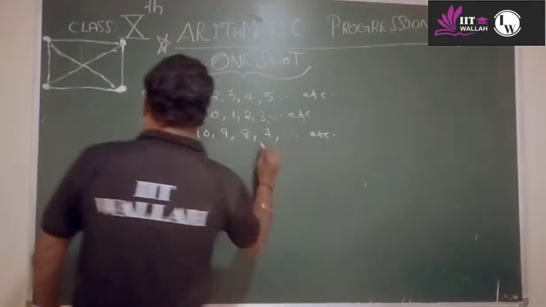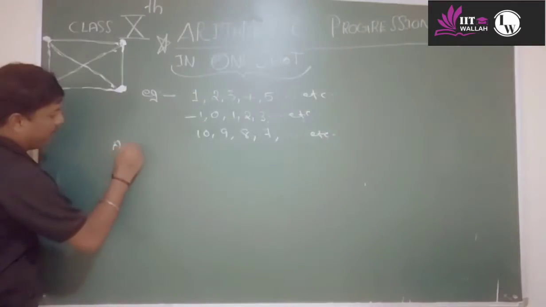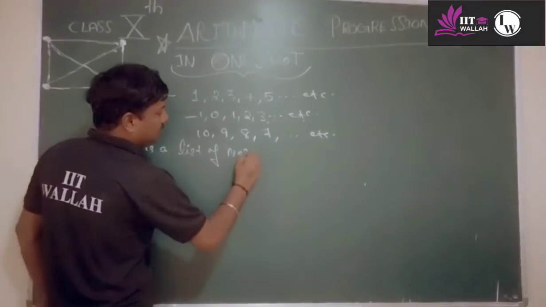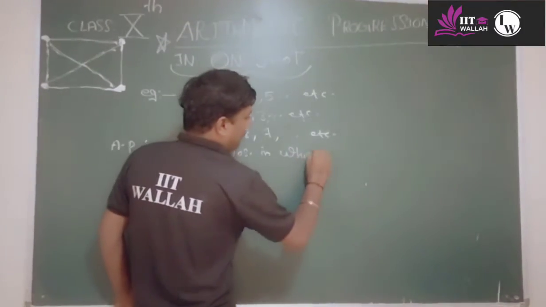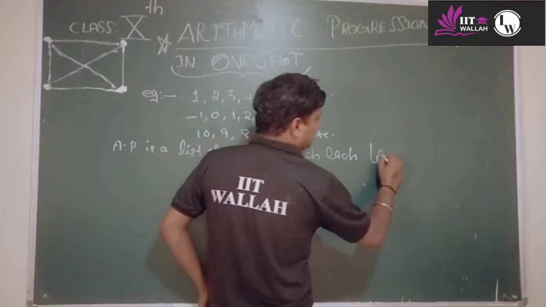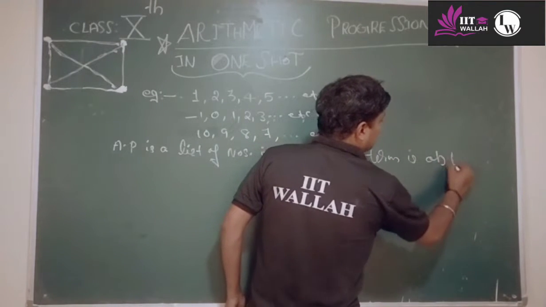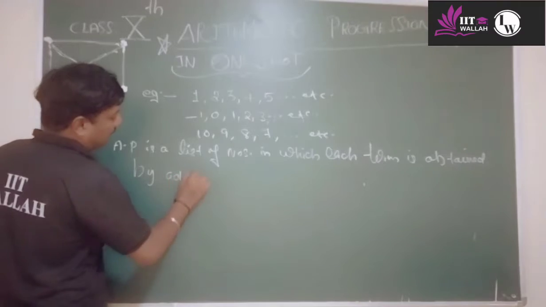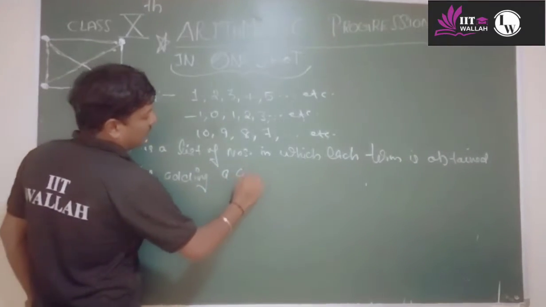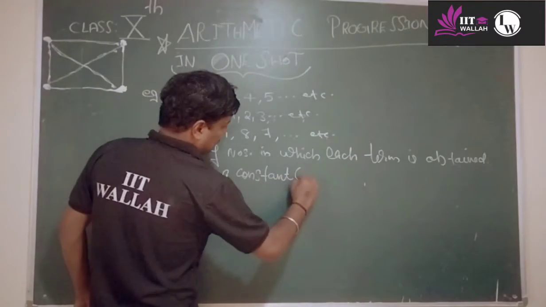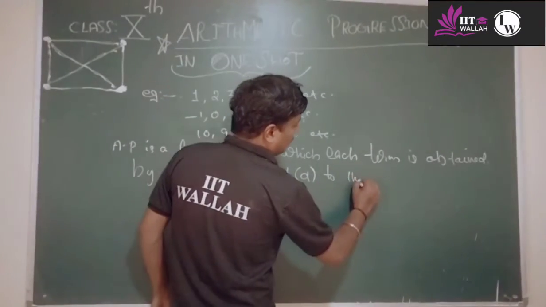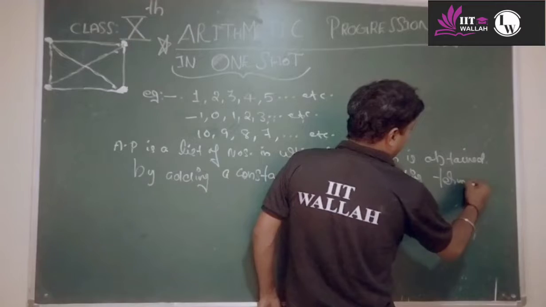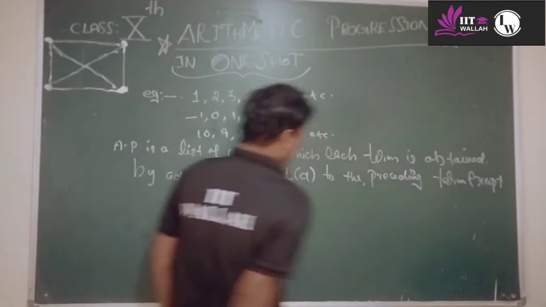Okay? Arithmetic progression, AP, is a list of numbers in which each term is obtained by adding a constant to the preceding term except first term.